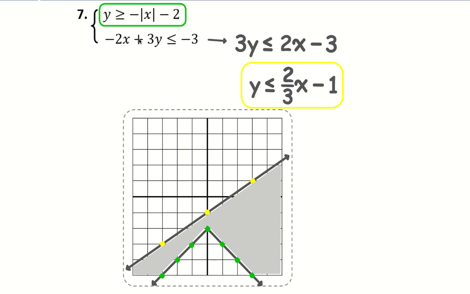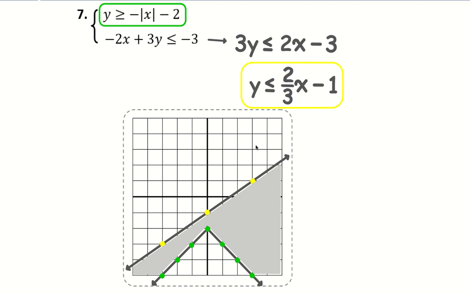So there's the vertex, and then you notice this negative out in front, technically a -1. Since it's a negative number, the V is upside down, and your slope would be technically -1, like down 1 over 1, and since it's a V, we go in both directions. Down 1 over 1, down 1 over 1, okay?